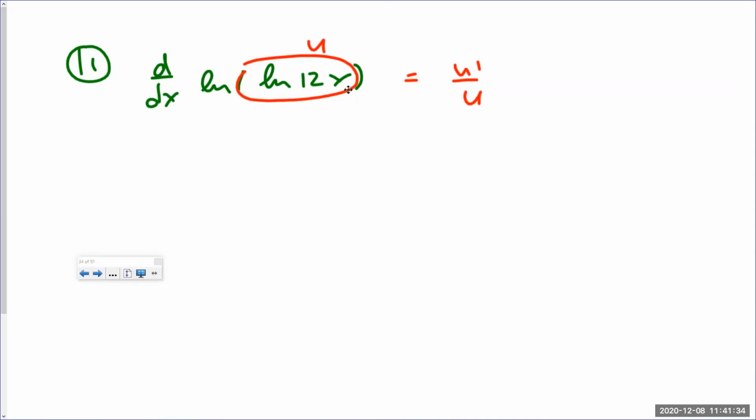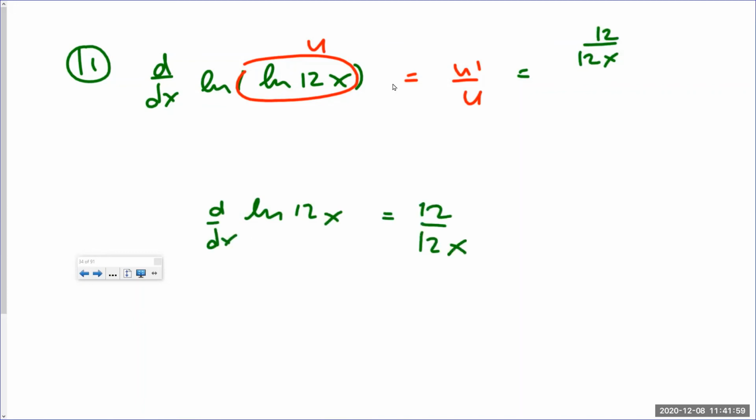So u prime goes on top. If this is u, what's u prime? Do you see where he got that? Because if I say ln of 12x and ask what's the derivative of that, wouldn't you say that the derivative of that is 12 over 12x?